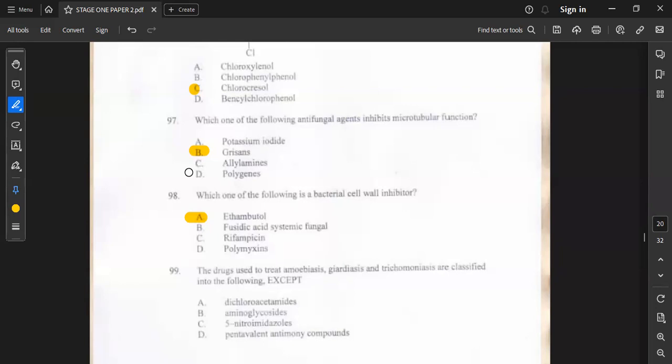Once you know that, the answer becomes so clear. What's the one drug that treats all? Yeah, metronidazole.